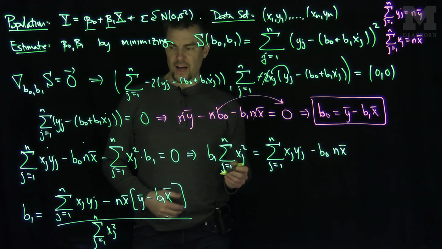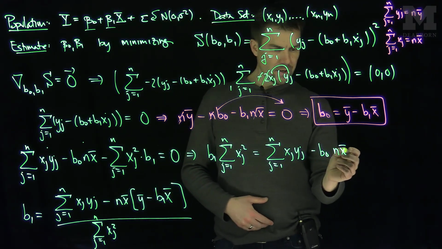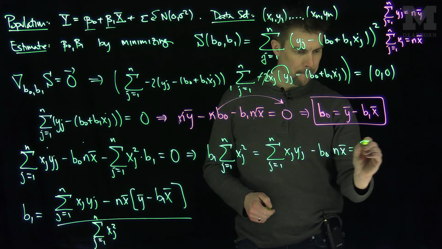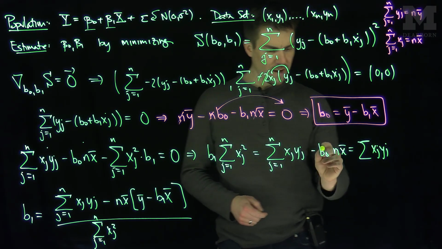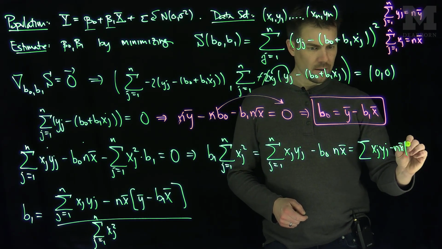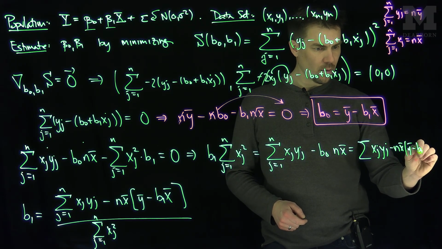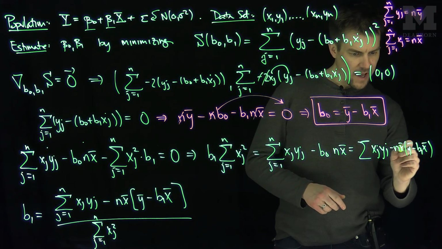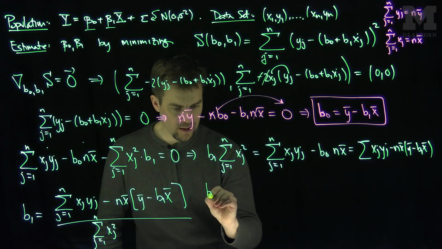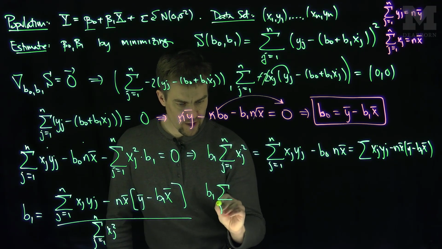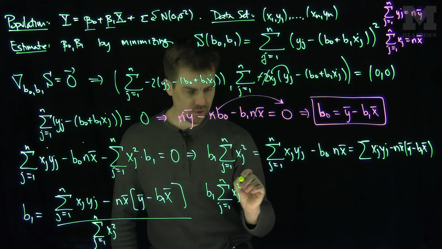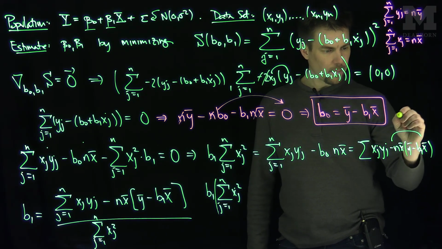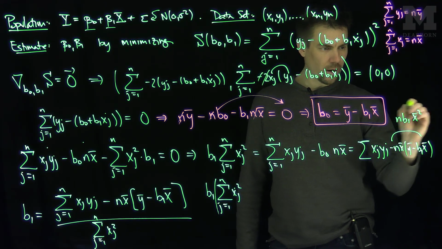Okay? So now what do we have over here? We can take this relationship and relate it as the sum of xj yj, and then minus n x bar times y bar, and then minus b1 x bar. I'll throw that b1 x bar on the other side of the equation with an n. So we'll have b1 times the sum, j goes from 1 to n, of xj squared, and then this other term will be a positive n b1 x bar squared.